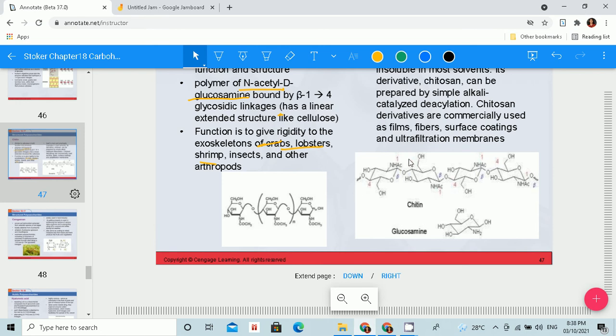It is a straight chain polymer, and the monomer there is glucose, which is an amino sugar because it reacts with NH2 and our acetyl group.